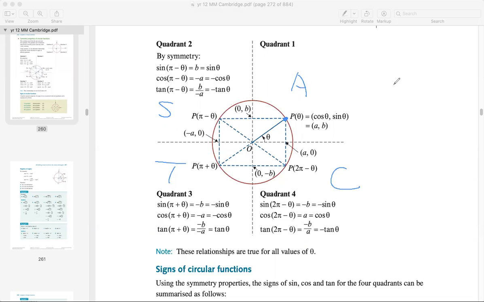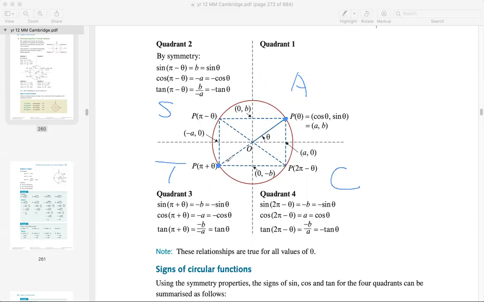And we move to quadrant 2, the y value is positive, which means only sine is positive. That's why we write S. And we move to here, quadrant 3. So sine and cos are both negative, but tangent is positive. And we move back to the last quadrant, quadrant 4, where the x value is positive, which means only cos is positive.